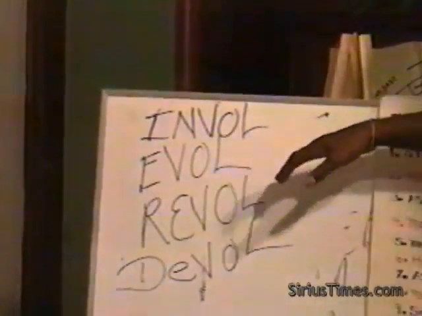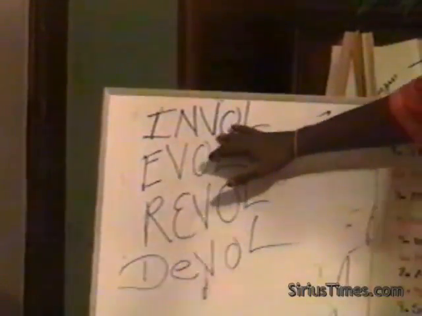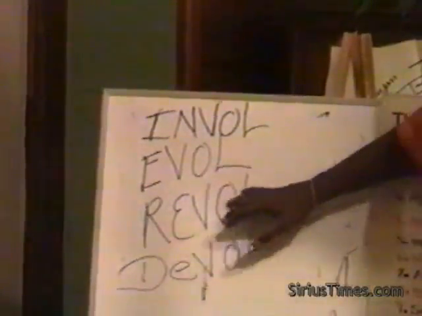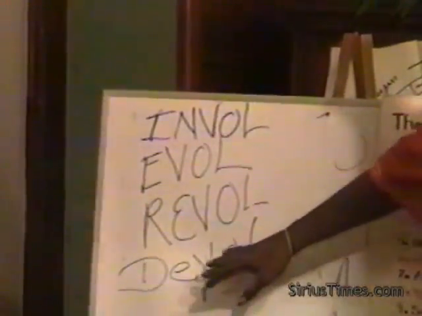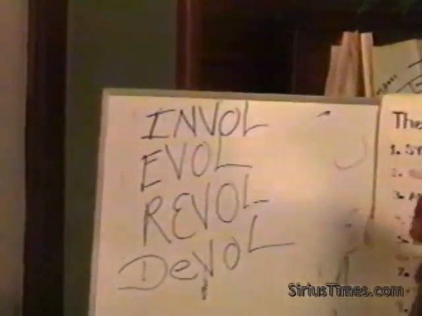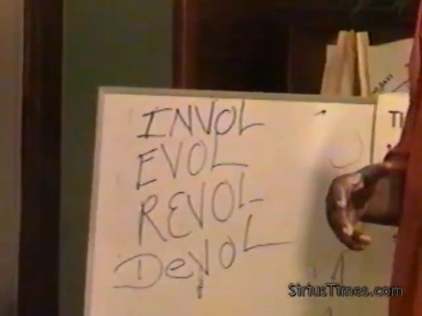Invol. Read it backwards. Love. Lover. Loved. Whatever is revolving will also devolve. That's how the universe operates.